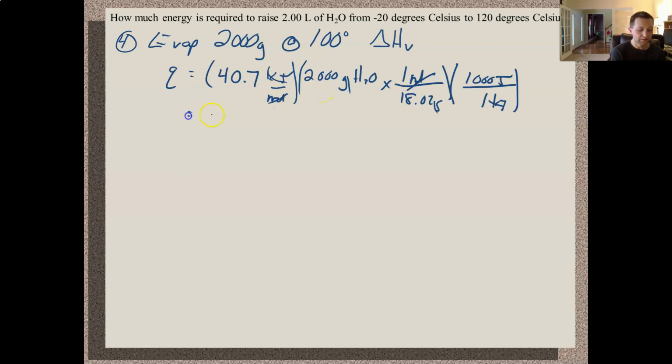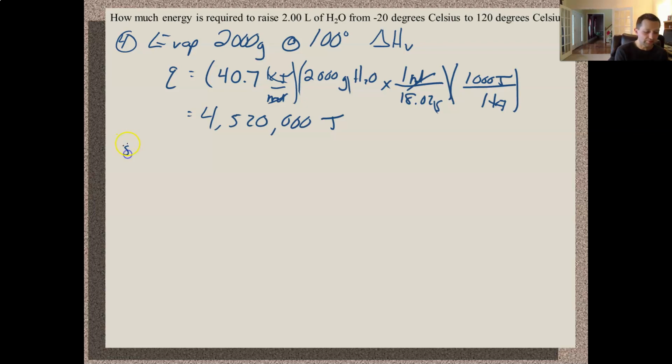There we go. So plug in your calculator, and you end up with 4,520,000 joules of energy. That makes perfect sense because your molar heat of vaporization here is 40.7 compared to 6 for step number 2. And step number 2 took almost 700,000 joules of energy. So this should take a whole lot more.